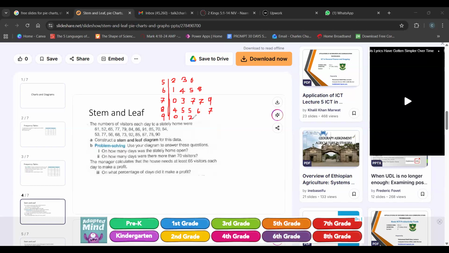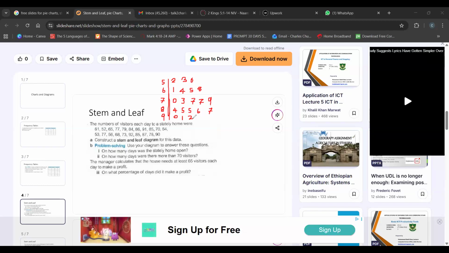Now, one way we could verify if we've captured all the numbers is to do a quick count. Do you agree with that? So let's see. 1, 2, 3, 4, 5, 6, 7, 8, 9, 10, 11, 12, 13, 14, 15, 16, 17, 18, 19, 20, 21.